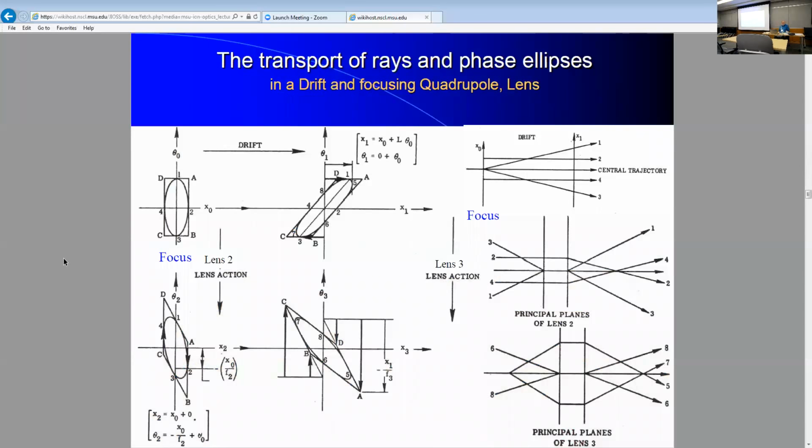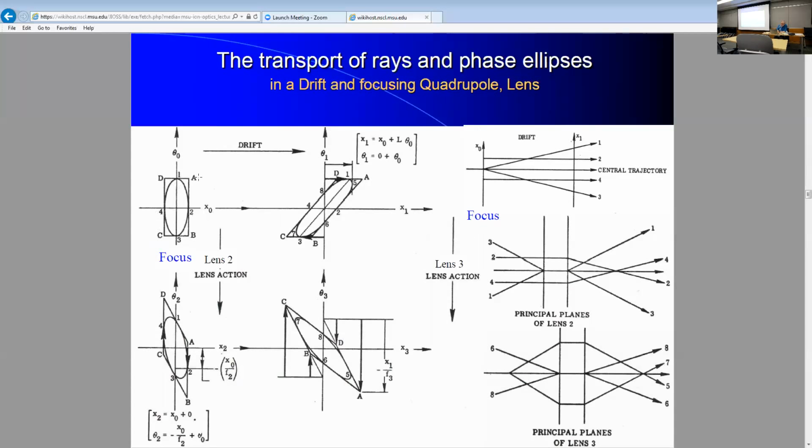Now, to get a little bit better feeling of what the transport of a ray means for the phase ellipse, if you have an ellipse, upright in the x-theta plane at one location, so don't confuse it with a transport matrix element, this is at one location, and you plot here x and you plot here theta, then you may have an ellipsoid.